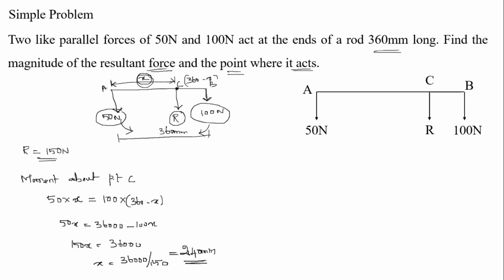So the value of x is equal to 240 mm. The point where the total resultant force acts is 240 mm from A. So the distance between A and R is equal to 240 mm. The resultant force R, 150 Newton, acts downward at a distance of 240 mm from A.